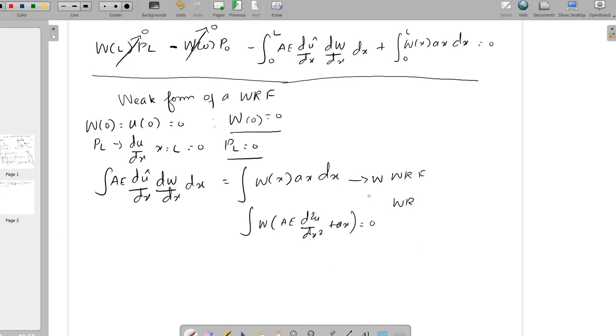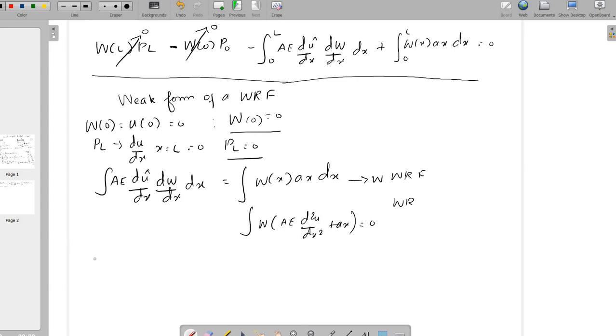We have to note the difference between the general weighted residual method and the weak form of the weighted residual method. Here the formula is only in terms of du by dx. There is no d square u by dx square, so we can simplify the calculation to get the required displacements.